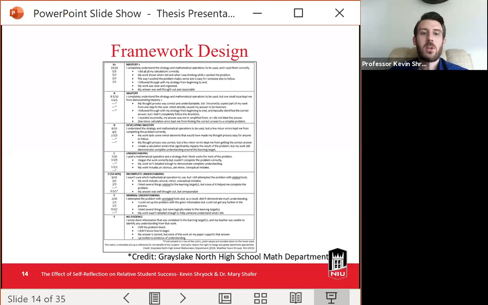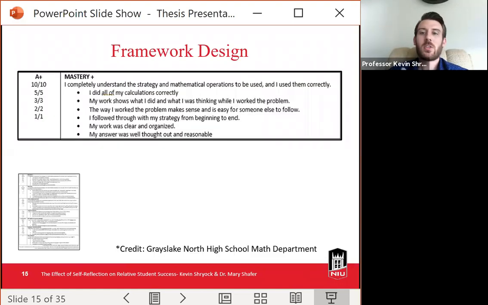Now, let's sample just one section as an example. It's structured in such a way that the students can score themselves easily in the left column depending on the point value of the question. A heading is on the rubric that stresses the level of mastery and a brief description of what that mastery level means. So here, for example, Mastery Plus is identified by a complete understanding and a use of the mathematical operations.